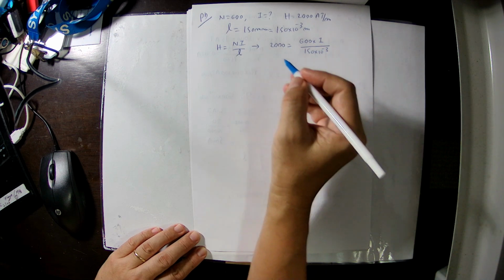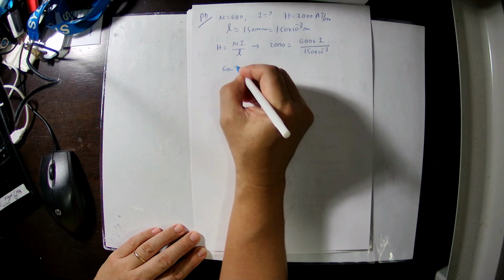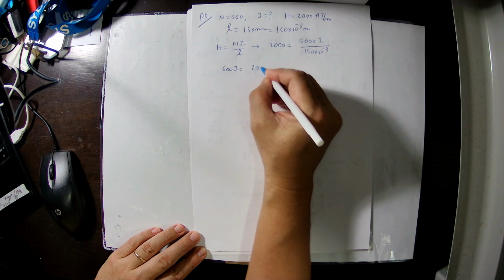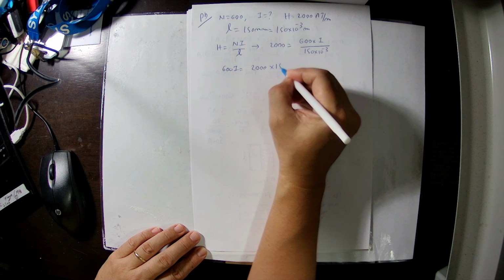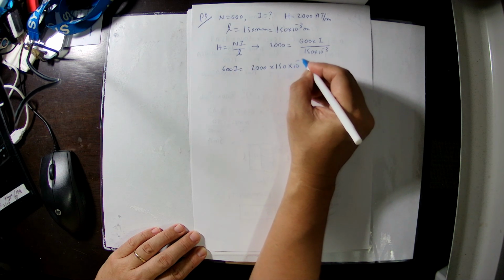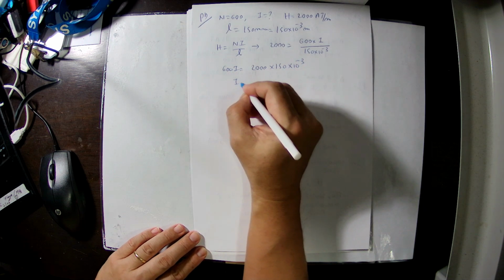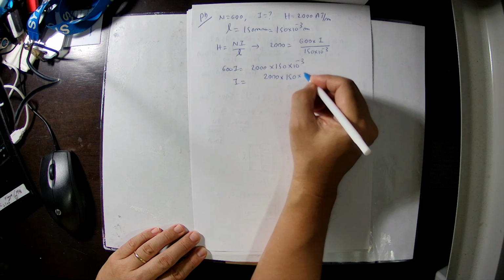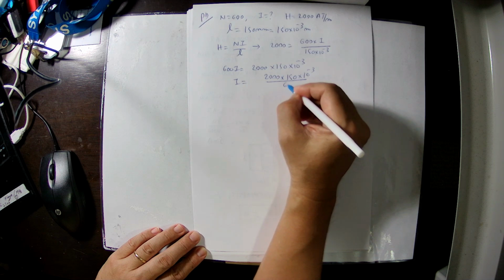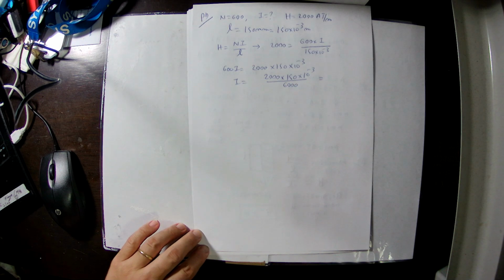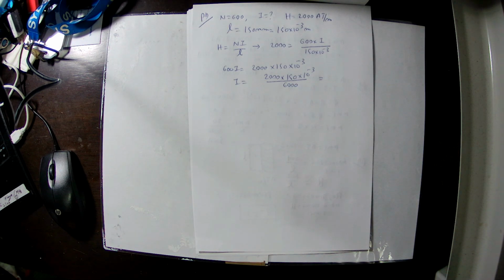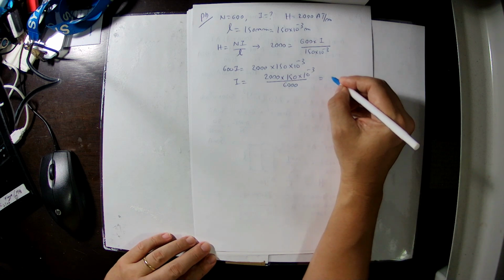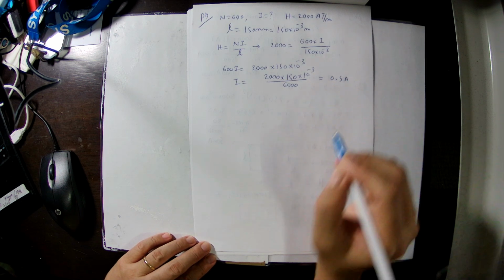Then 600 I equals 2000 multiplied by 150 multiplied by 10 power minus 3, so I equals that divided by 600. So this is the way we calculate. The current is 0.5 ampere. So this is the answer.